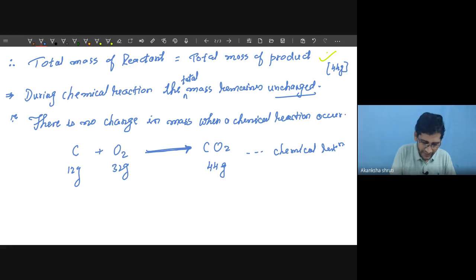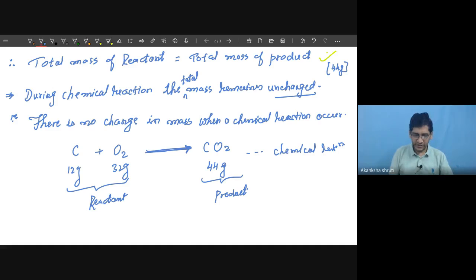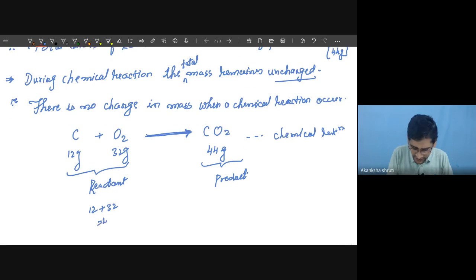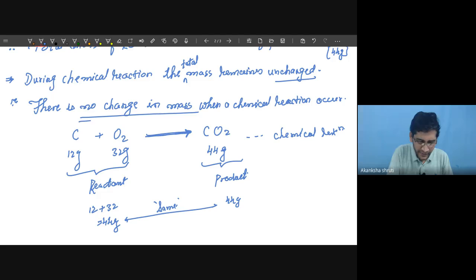Whatever comes before the arrow are the reactants, and whatever is formed after the arrow is the product. So the total mass in this case is 12 plus 32, which is 44 gram. On the product side it is already 44 gram. So we observe these two masses are the same, which simply means no change in mass.